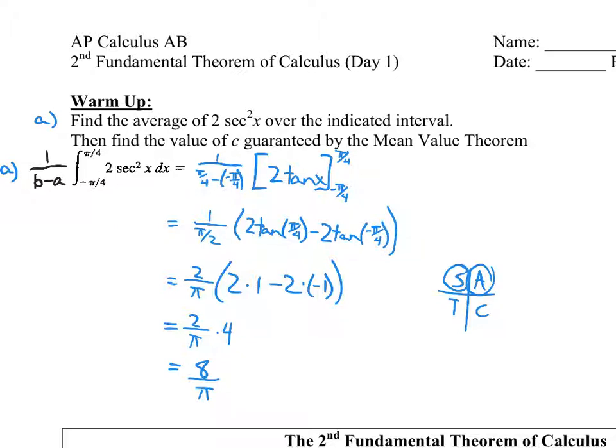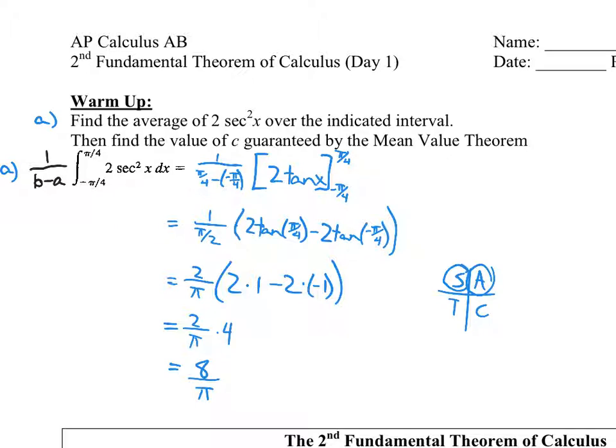If you were able to evaluate the function for every possible x between a and b, and you averaged that infinite number of values together, you would get 8 over pi. It's just the mean. Average value, mean value.